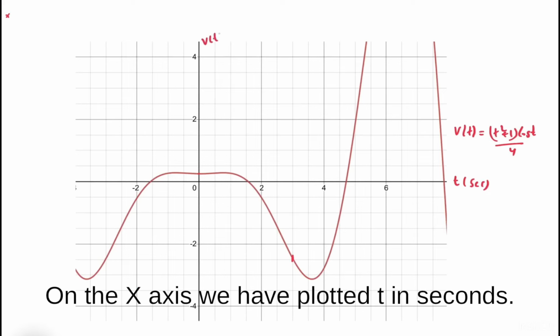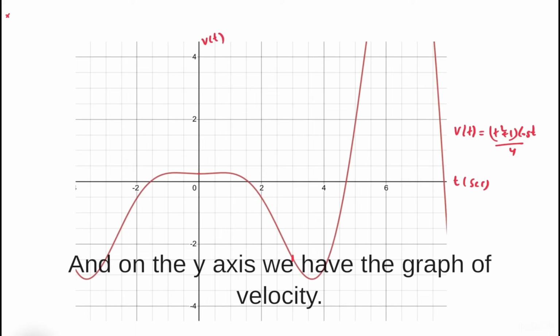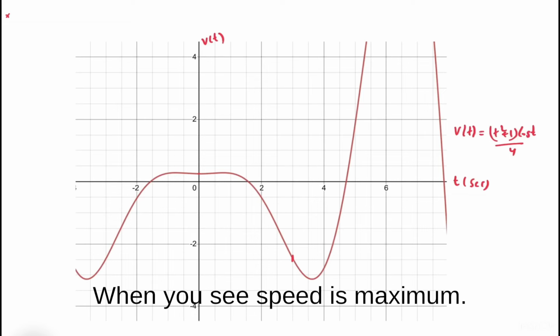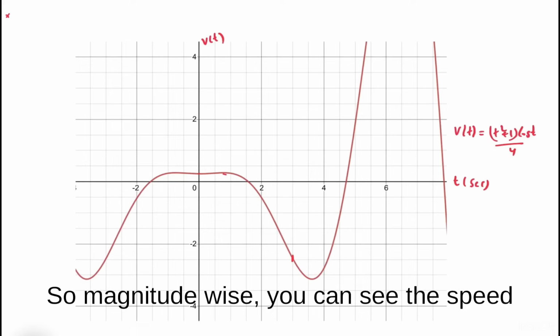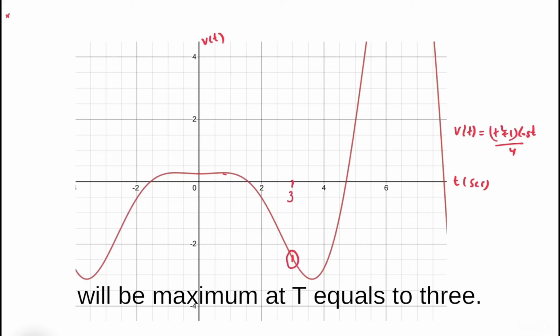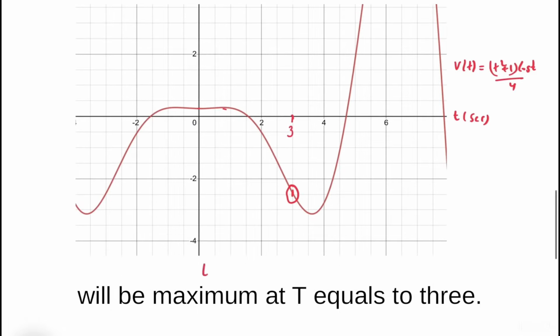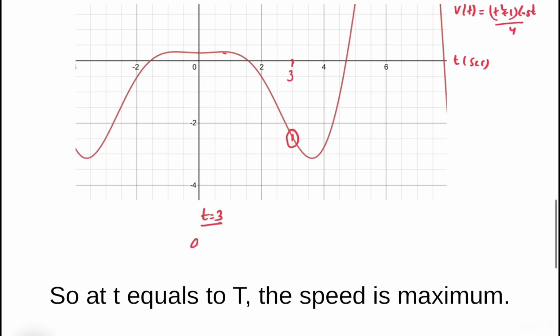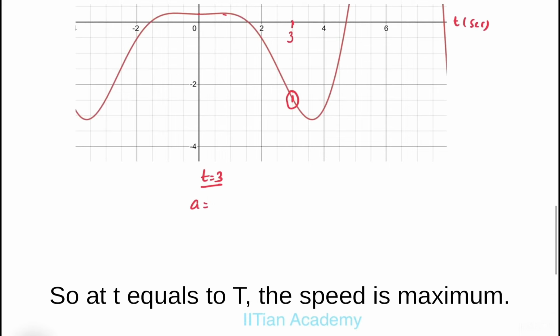On the x-axis we have plotted t in seconds, and on the y-axis we have the graph of velocity. So we have to identify the acceleration when its speed is maximum. Magnitude wise you can see the speed will be maximum at t equals 3, at this point.